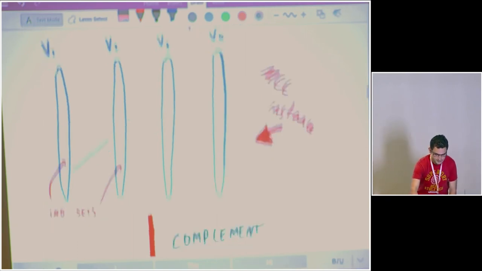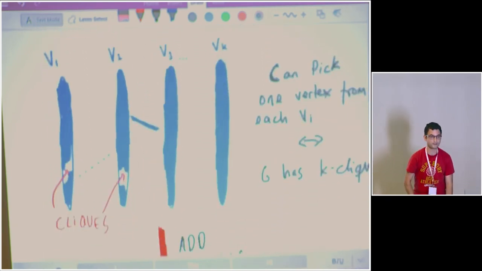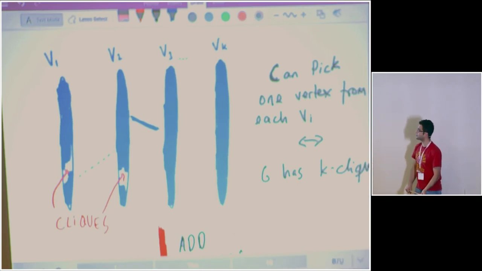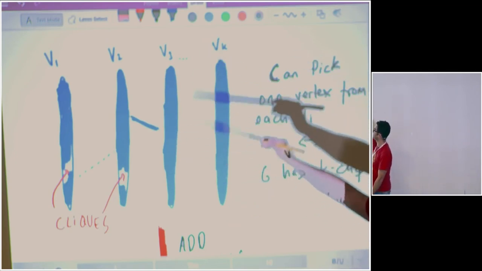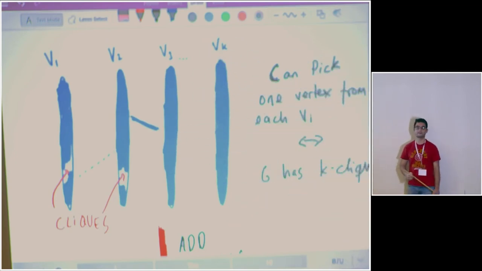So the first thing I'm going to do is take the complement of the graph. Okay? So all of my edges turn into non-edges, all of my non-edges turn into edges. So in particular, all of my independent sets here, like v1 up to vk, now turn into cliques.